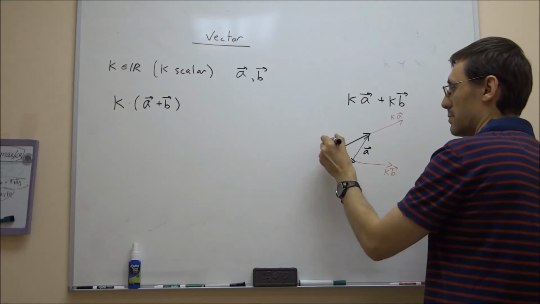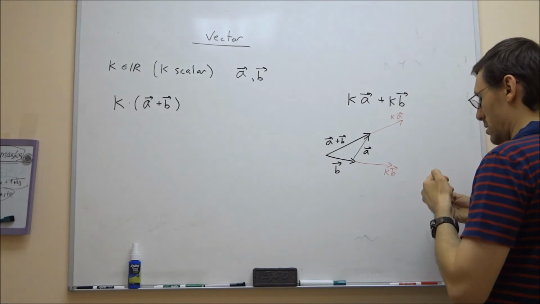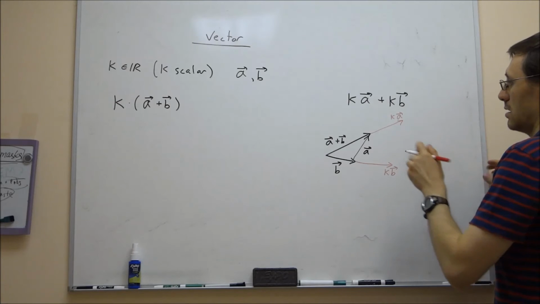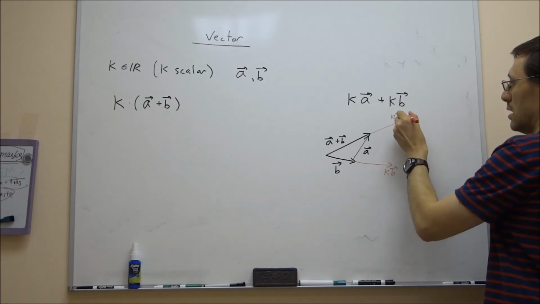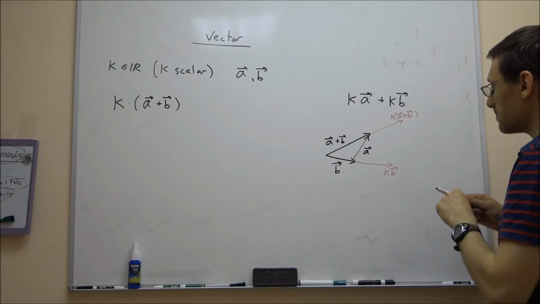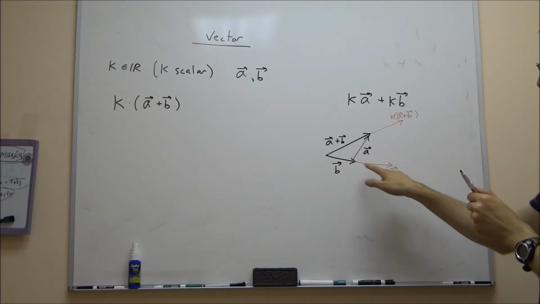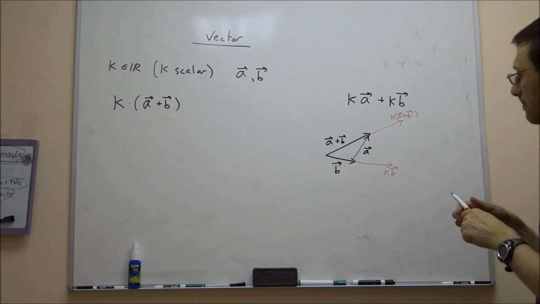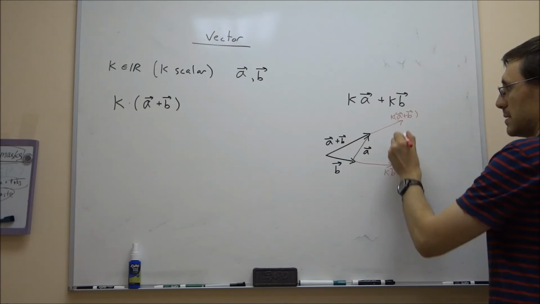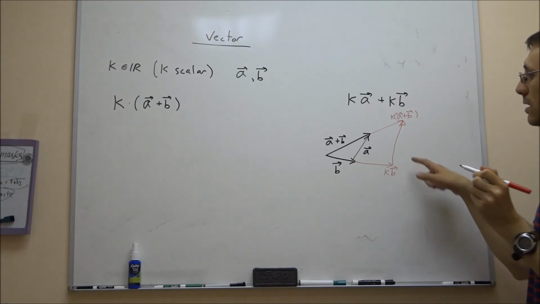That will be the vector A plus B. And that then will be the vector k times A plus B. So if we multiply B by k, we have this vector k times b. Now we can then draw a vector from k times b to this vector here. And we are going to then try to describe it.